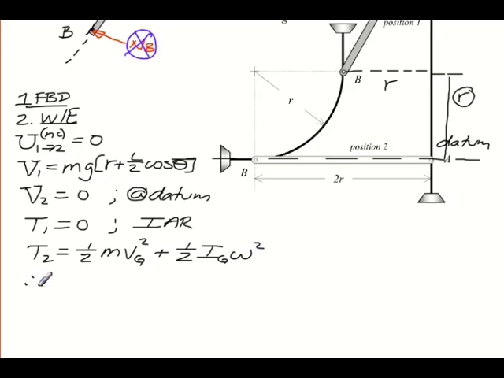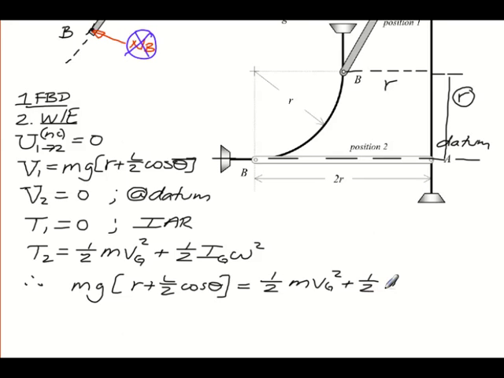So therefore, what we have here is the potential at the beginning, mg times R plus L over 2 cosine theta, is equal to the kinetic energy 1/2 m vG squared plus 1/2 IG omega squared.